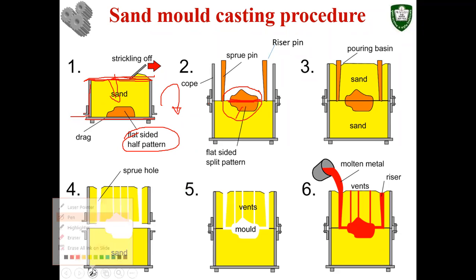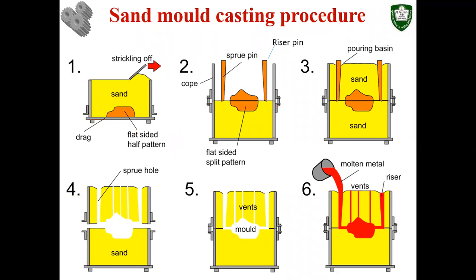Then in the second half, you place the cope, that means the top part of the flask. You put the cope in place, you do the clamping on both sides, and then you place the second half of the pattern in place, so that you can get the complete cavity.